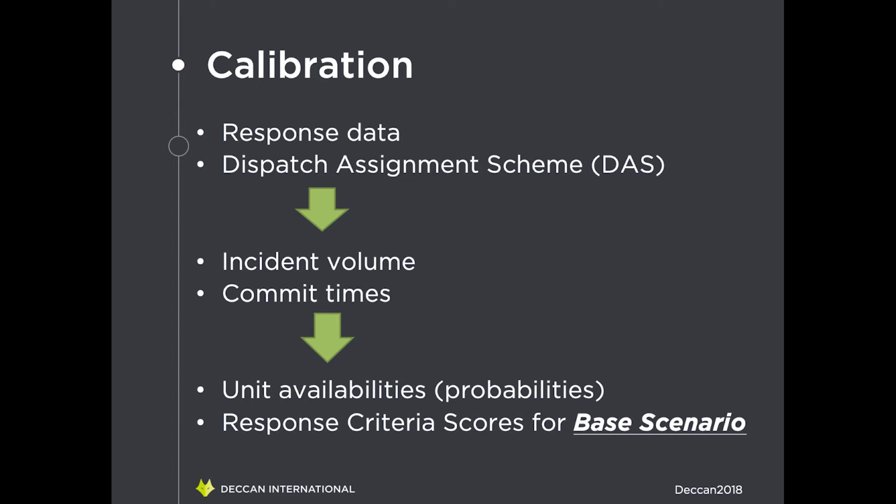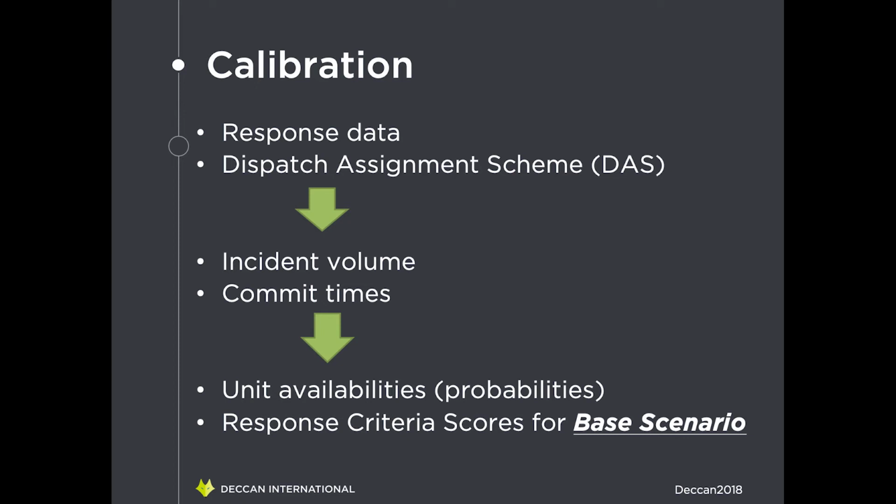Now, we do that based on the data. However, if you said to us, this is our dispatch assignment scheme, and we're thinking about changing how we respond to calls, we're no longer going to send a truck and a rescue, or an engine and a rescue, we just want to send the rescue first on BLS calls and see what happens from there, we can force a particular dispatch assignment scheme into the application and tell you what your scores would be.